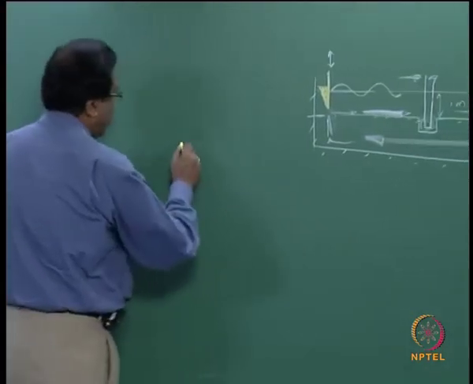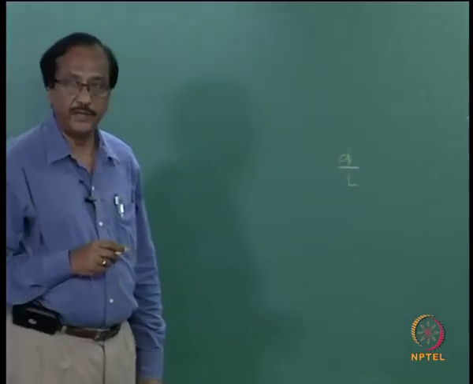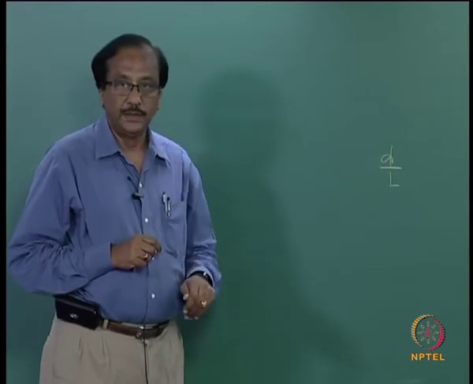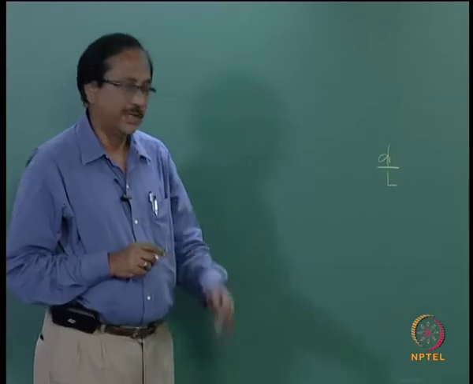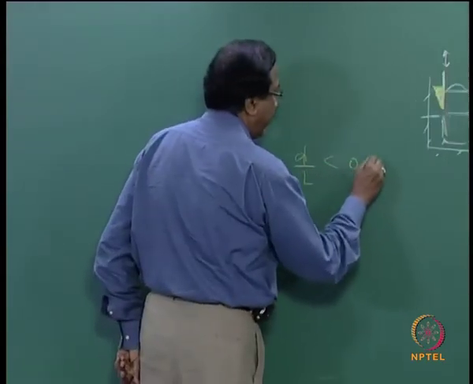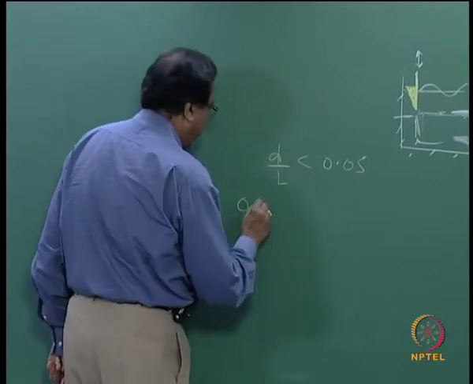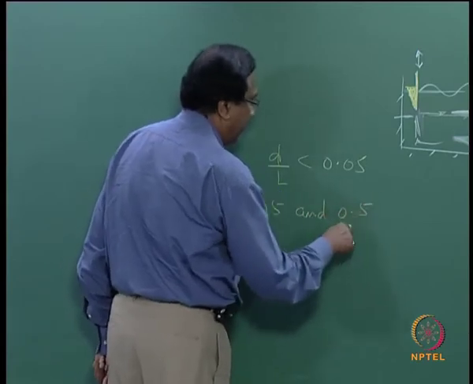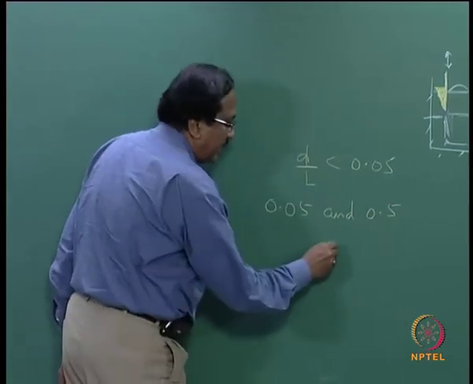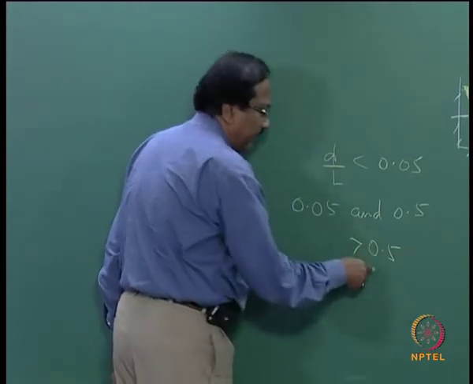But you know that d by L is the parameter which controls the characteristics of the wave or the classification of the waves. For example, if it is less than 0.05 you say shallow water waves, in between 0.05 and 0.5 intermediate waters, and then if it is above 0.5 you say it is deep water waves.